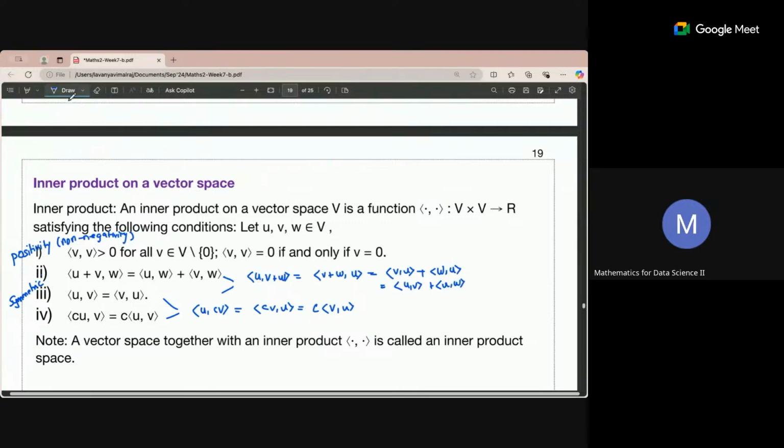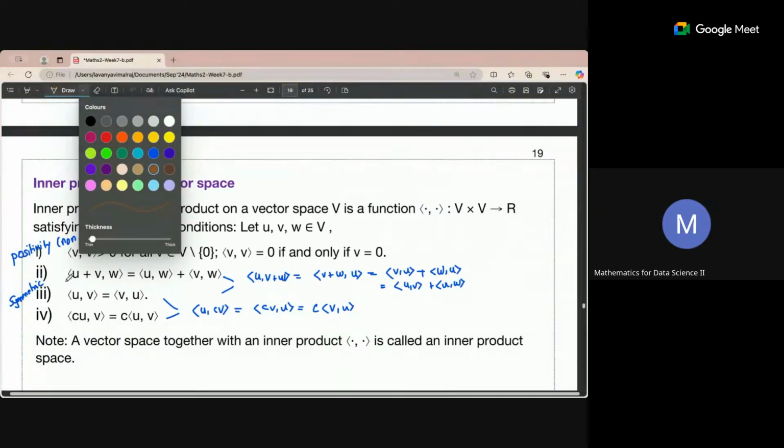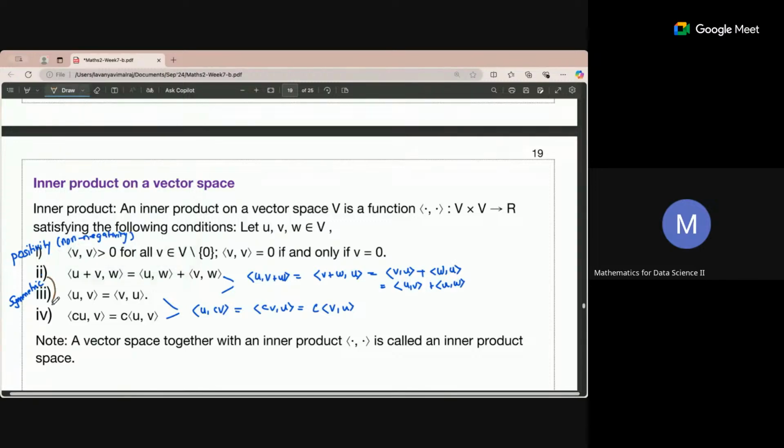Properties 2 and 3 together, I call the bilinearity property, because the linearity is there for the first as well as the second position. So you have positivity or non-negativity, the symmetric property, and bilinearity.